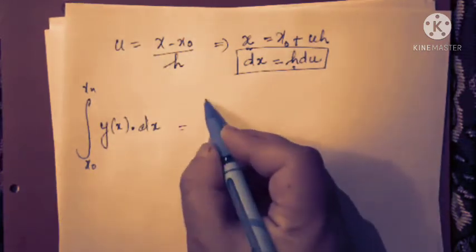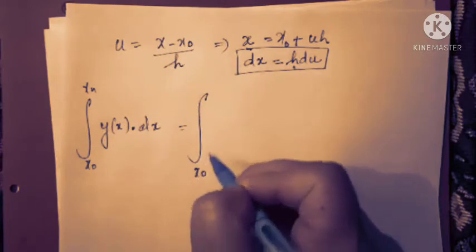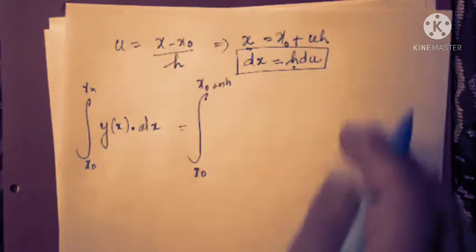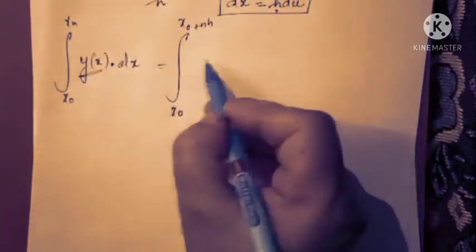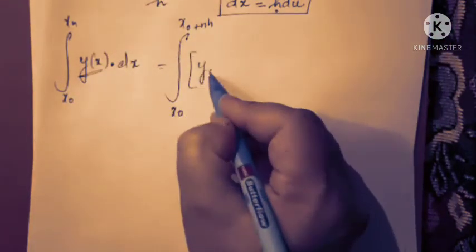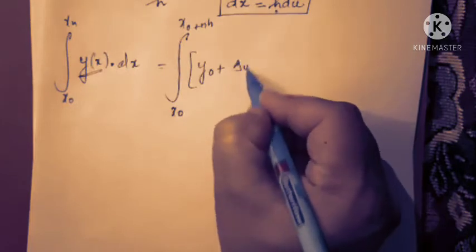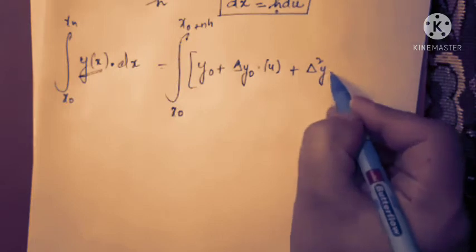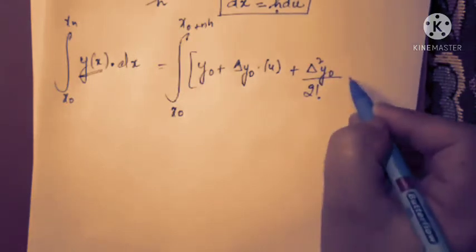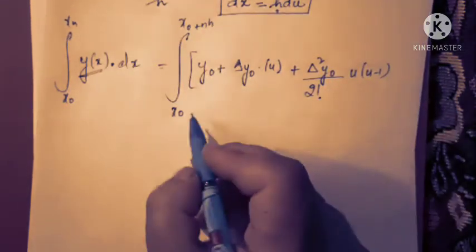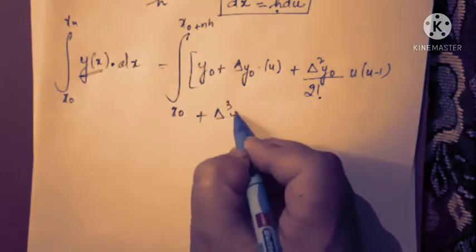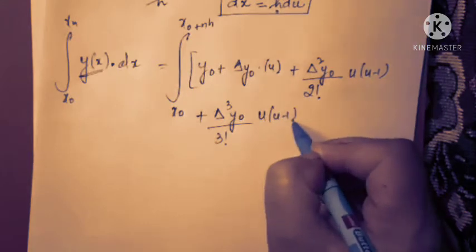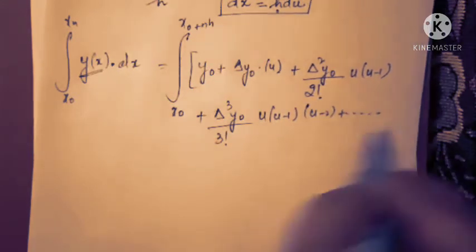So this will be equal to the integral from x0 to x0 plus n times h; we can substitute xn with x0 plus n times h, no issue. In place of y of x we can substitute the whole formula, or we should, y0 plus delta y0 into u plus delta square y0 divided by 2 factorial u into u minus 1 plus delta cube y0 divided by 3 factorial u into u minus 1 u minus 2 and so on.